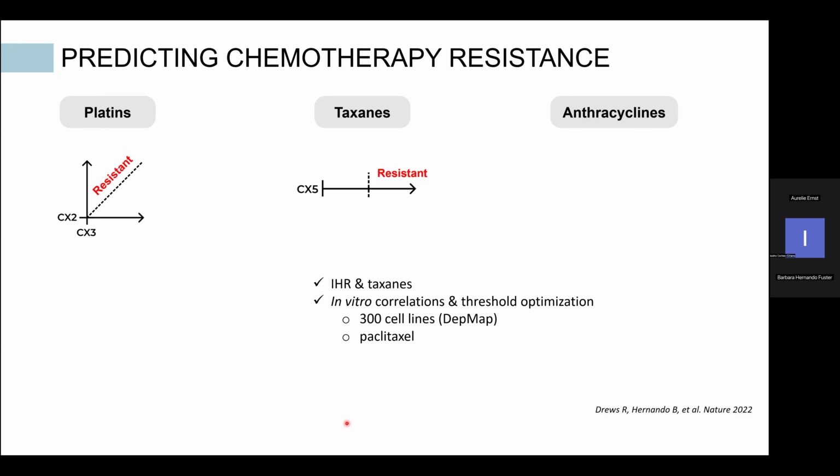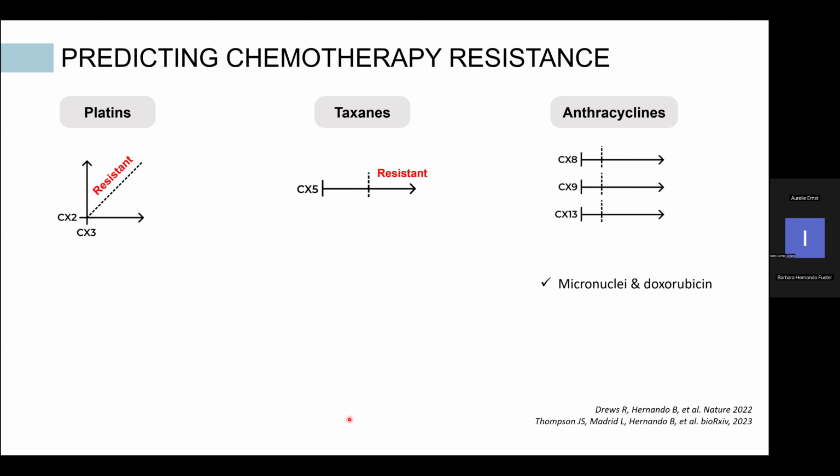And then the last classifier was a classifier to predict resistance to anthracyclines. And in this case, we use three different signatures, CX8, CX9, and CX13, that are linked to amplification generating processes. So patients that have high levels of these signatures actually have a lot of focal amplifications. Doxorubicin is a chemotherapy that causes DNA damage, and normally this DNA damage results in micronuclei formation.